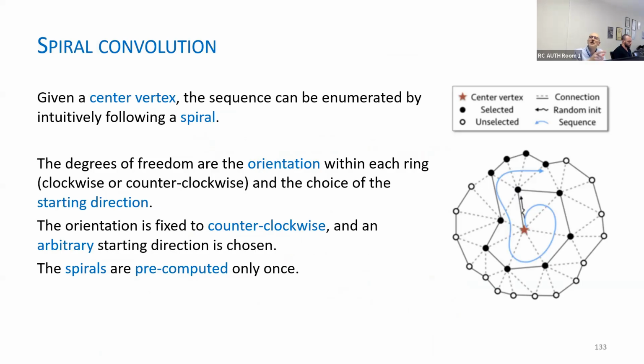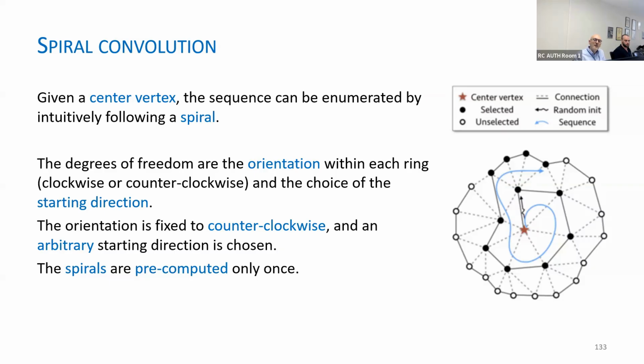is this spiral ordering, because the idea here of the authors is that if we consider a mesh, when we take a point, we have basically the first ring, so the set of points that are directly connected to the central one.